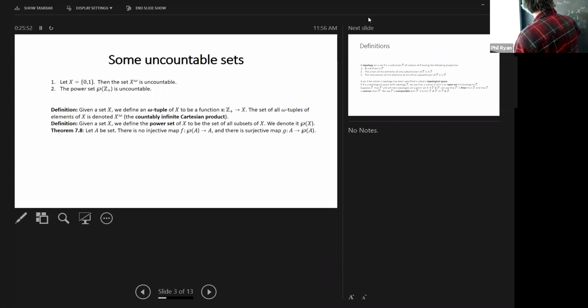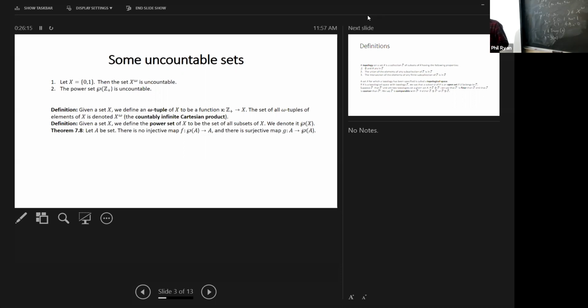It can't be 2 because it's the opposite of what g2 of 2 would be. It can't be 3. And so by induction, we go through the whole integers and we see that, by construction, it's not in the image of that function. So it's not a surjection, so it's uncountable.